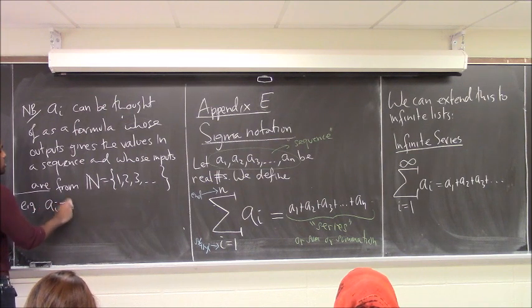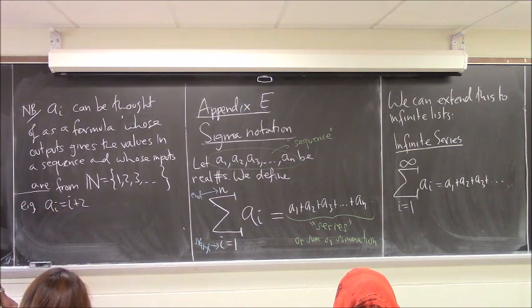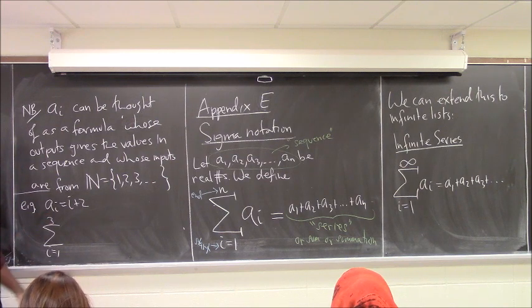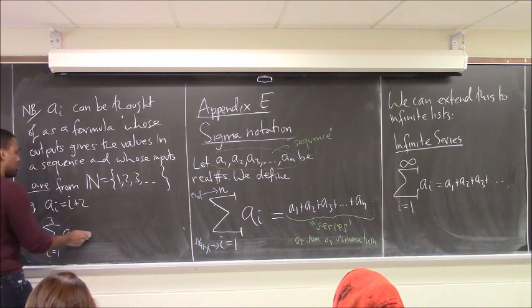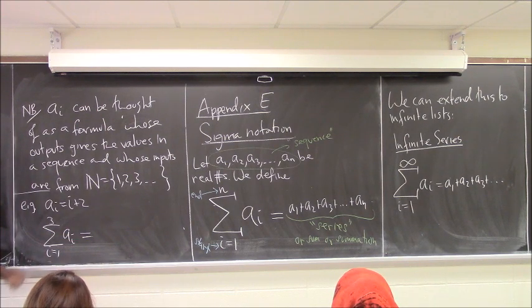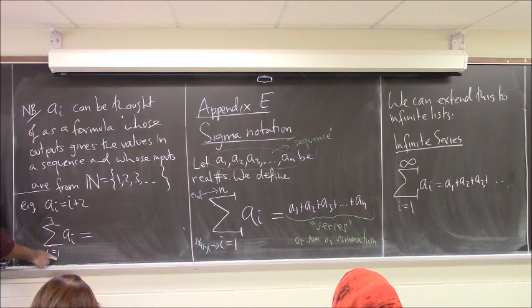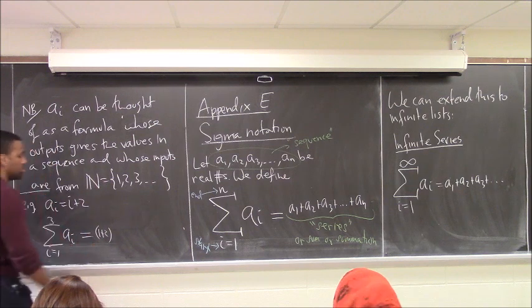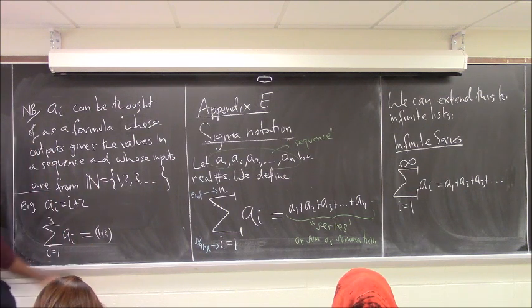Suppose I give you this formula. So A_i is this, and I say I want you to find the sum, i goes from 1 up to 3, of this formula. That basically means you want to start at i value 1. You're going to plug it into this formula: 1 plus 2. That's when i equals 1.